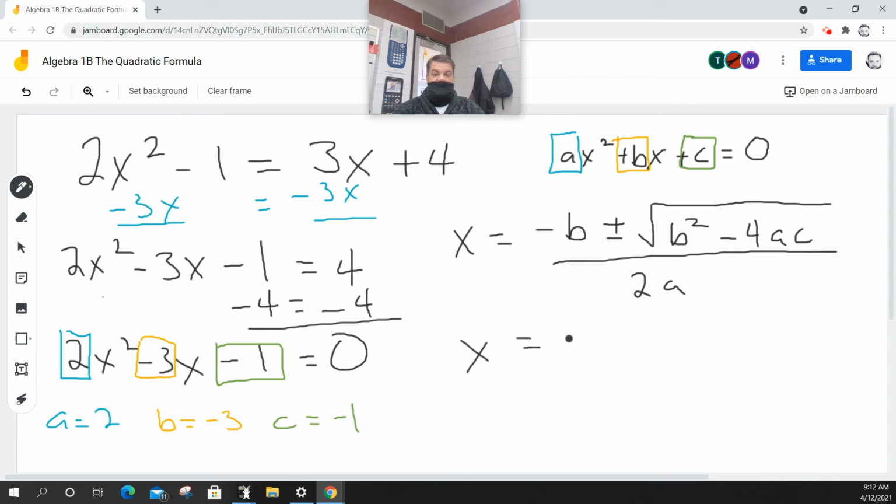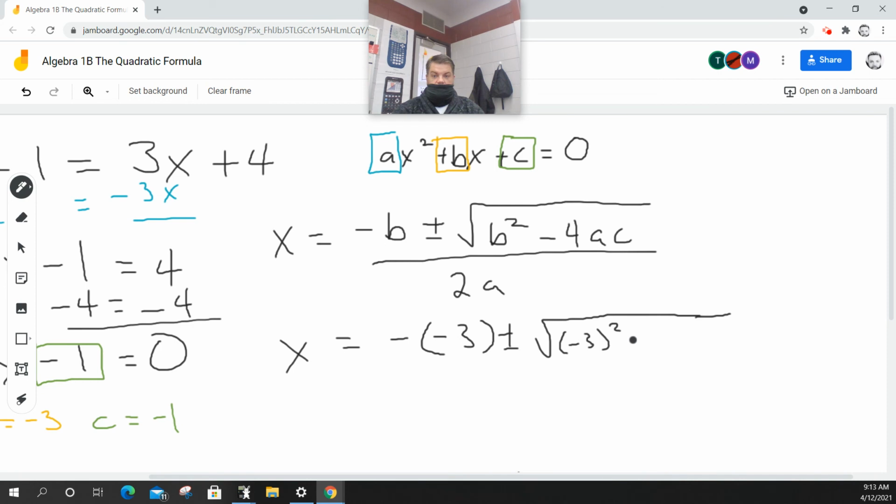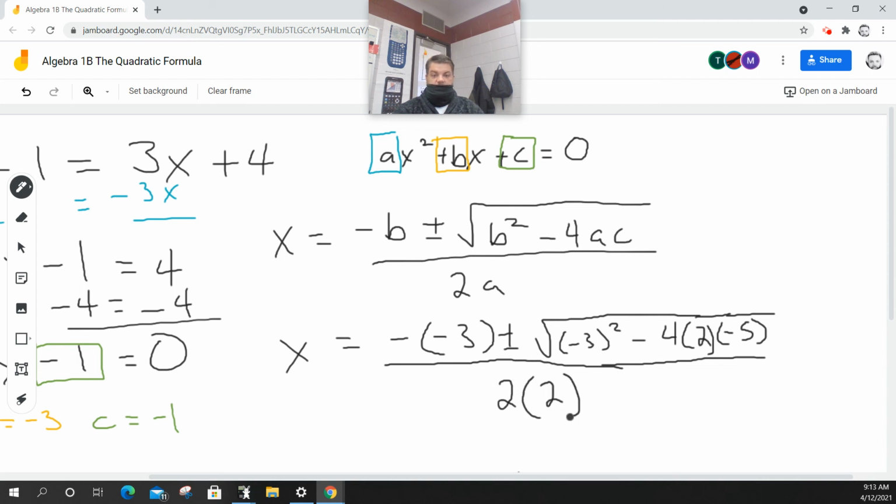So then I would say minus 3 plus or minus the square root of negative 3 squared minus 4 times a, which is 2, times c, which is negative 1, all over 2 times a, which is 2.